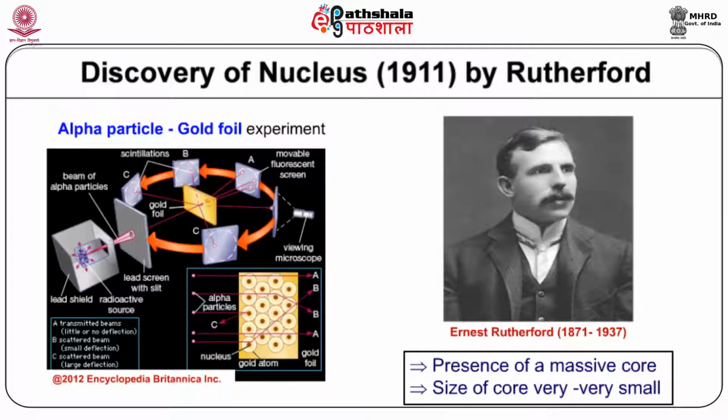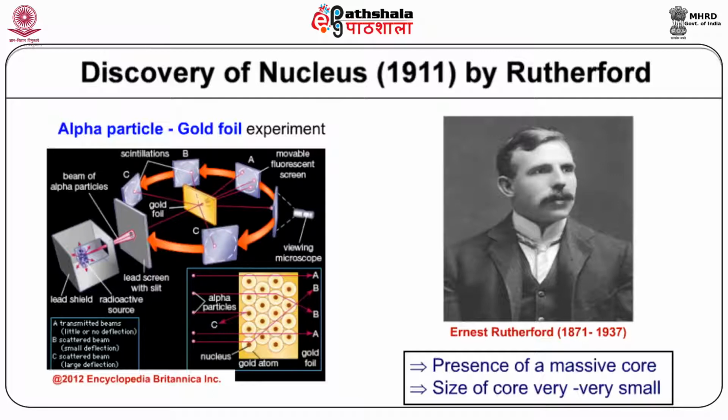which is a positively charged particle, because he could find that alpha particles were positively charged, and a positive charge can be repelled or scattered only by a positive charge.